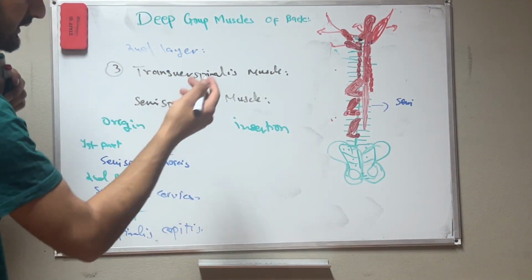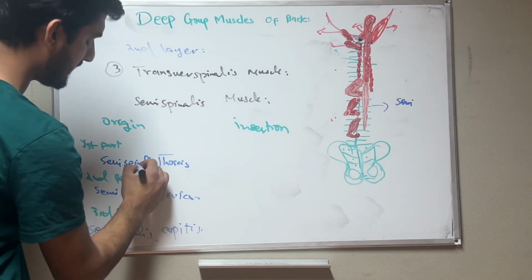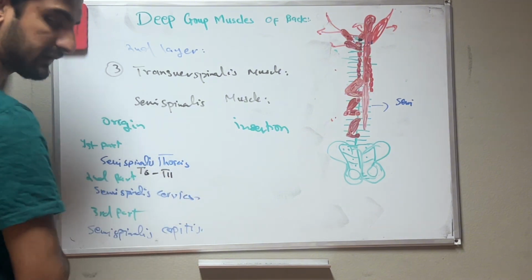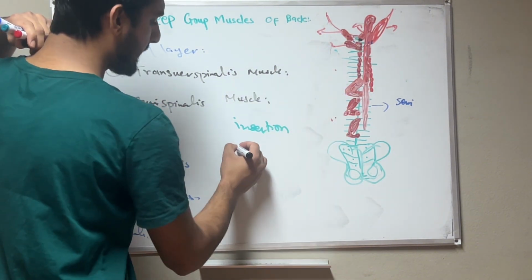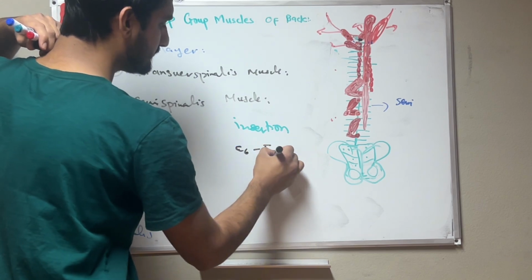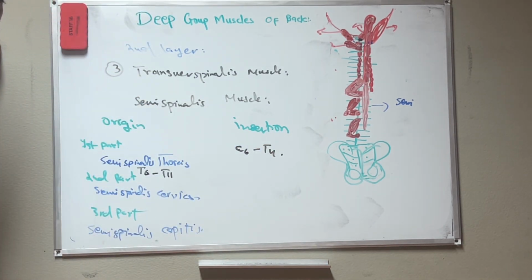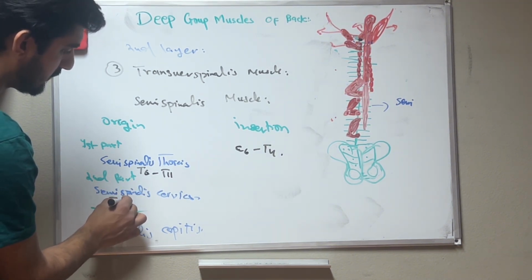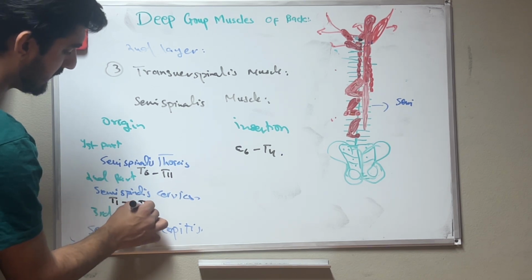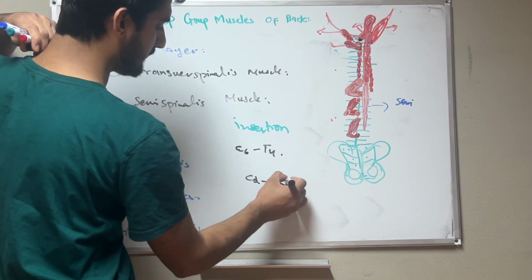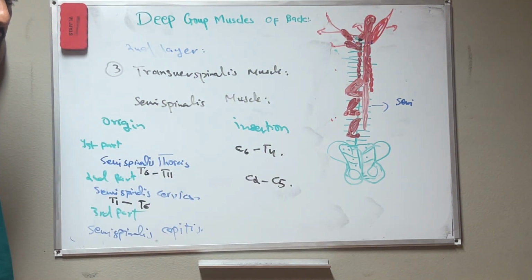Now origination in the thoracic region. They originate from the T6 to T11 thoracic vertebra and insert into the C6 to T4 vertebra. Then the semispinalis cervicus muscle originates from T1 to T6 and inserts into the C2 to C5 cervical vertebra.